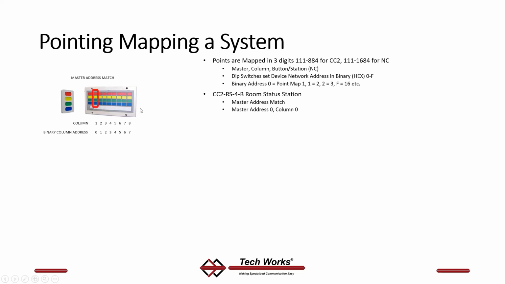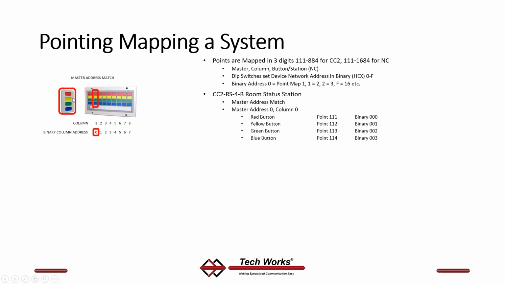The next thing you're going to do, once you've got it master address 0, column 0, you're going to tell it the column on the station that you want this to be on is column 0, meaning all dip switches off. So all dip switches off for master, that's master 0.